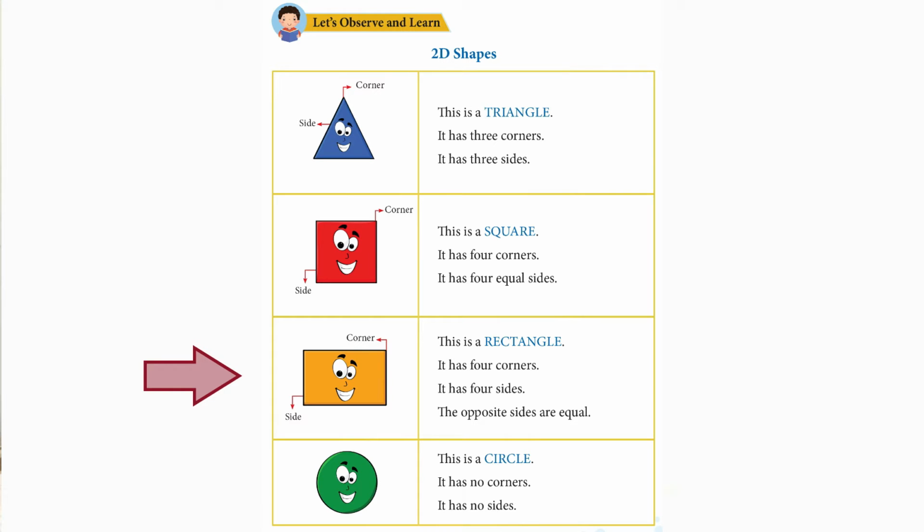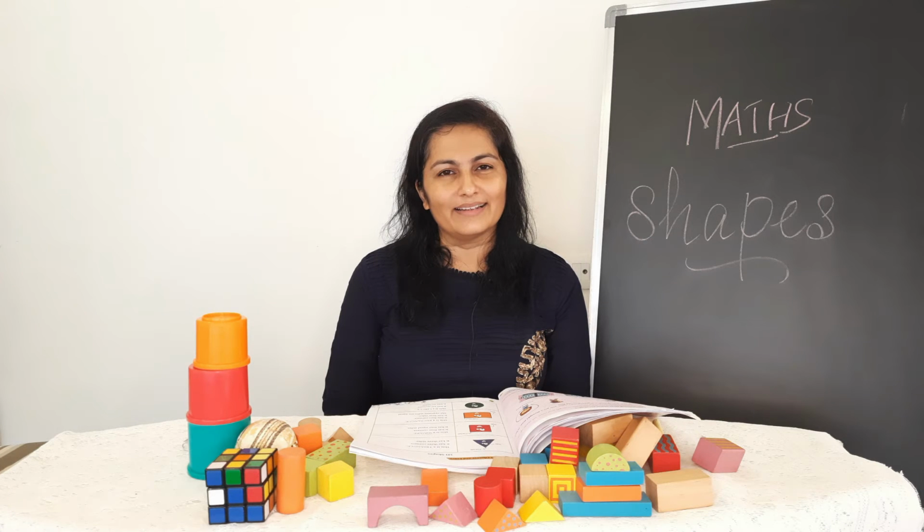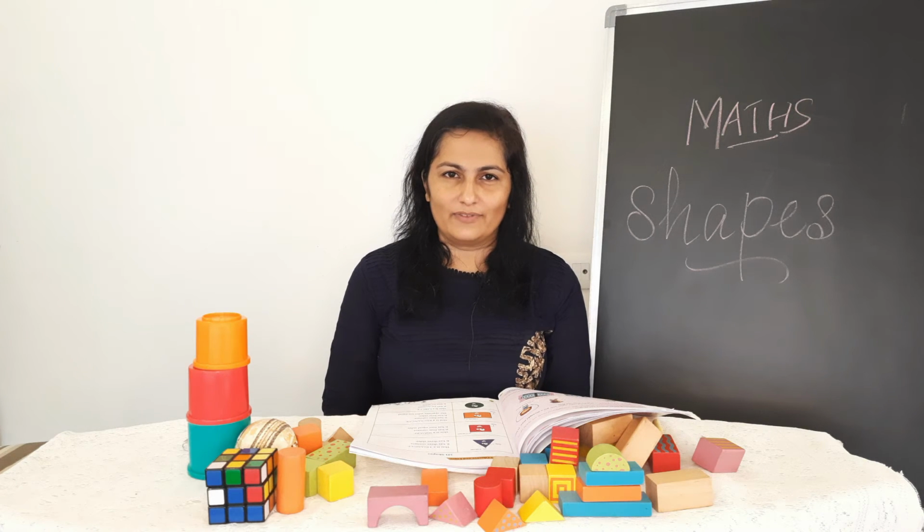Look at the last line. The opposite sides are equal. In a rectangle, the opposite sides are equal. But what did we learn in a square? Yes, in a square, all 4 sides are equal. Okay, so that's the difference.